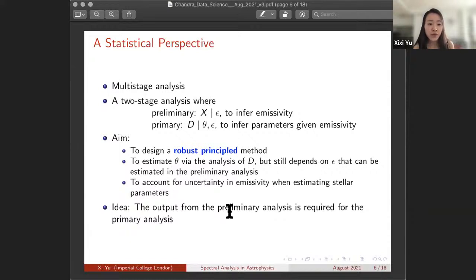Then we are able to account for the emissivity uncertainty when we try to estimate the stellar parameters. So in summary, the general idea of this multi-stage analysis is that the output from the preliminary analysis is required for the primary analysis.